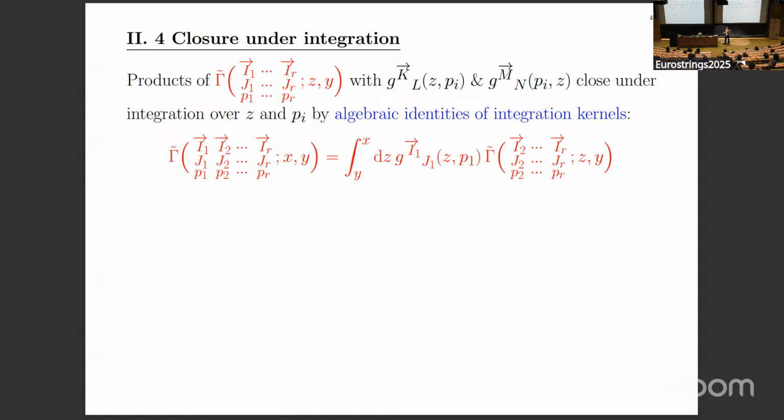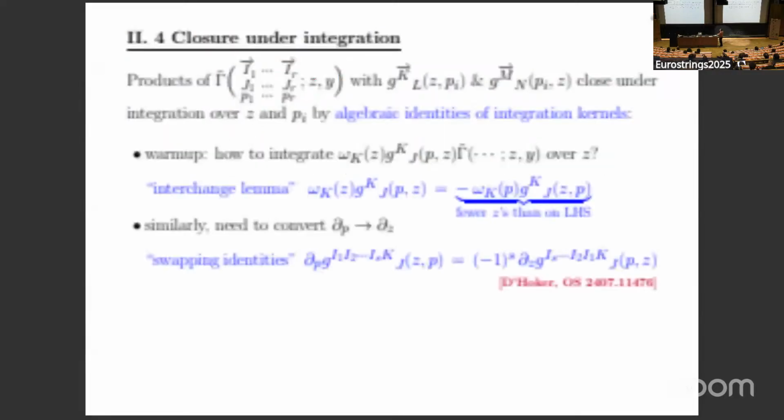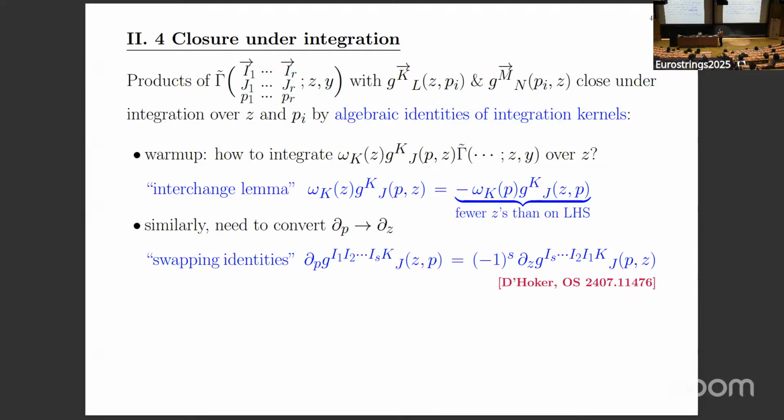So a lot of primitives in z come for free by definition. But let's now look at the less obvious parts. Maybe you want to take a product of gamma twiddle with such a kernel, which is a one-form in p, and then ask for integration over p rather than z. These delicate cases, when you don't do the obvious integrals, require some functional identities of these kernels. Here's one example. What if you integrate a gamma twiddle not only over an abelian differential, but also over a meromorphic kernel that depends on z?